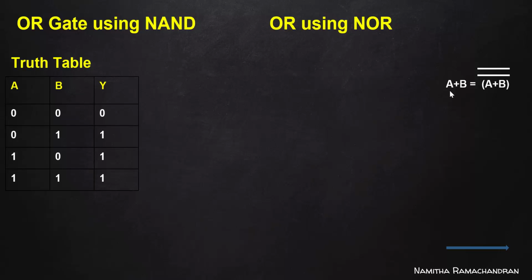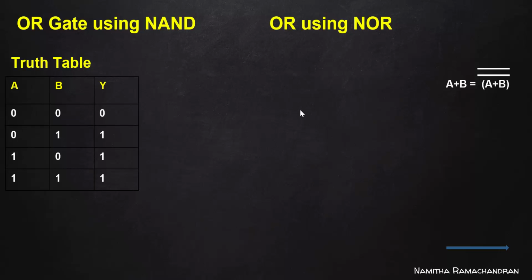So here we need to generate the expression A plus B, or A or B. For that, take one NOR gate, apply A and B as its inputs. So the output of that NOR gate is (A plus B) complement. Pass that output as two inputs of another NOR gate. Then it generates (A plus B) complement plus (A plus B) complement, all complement.